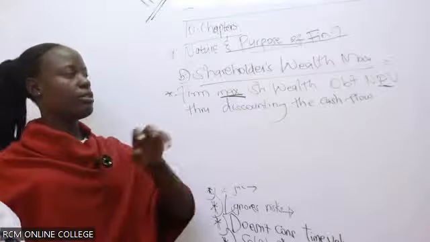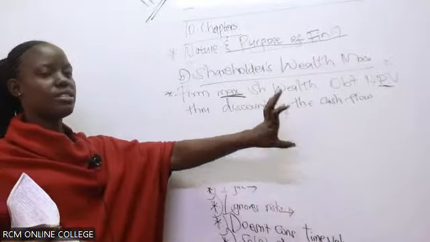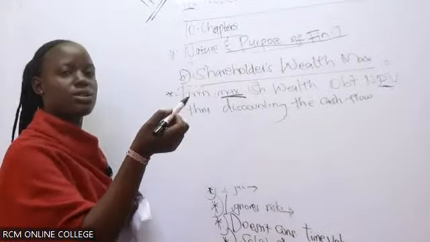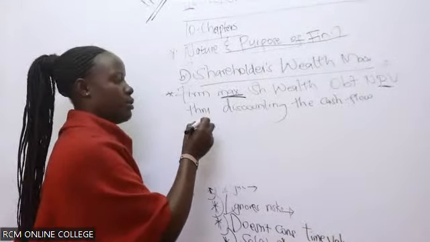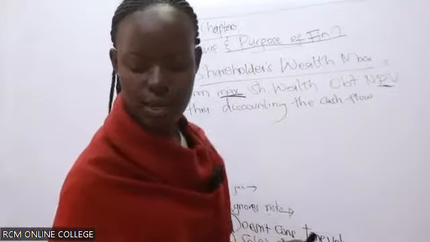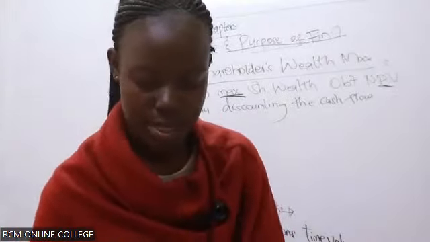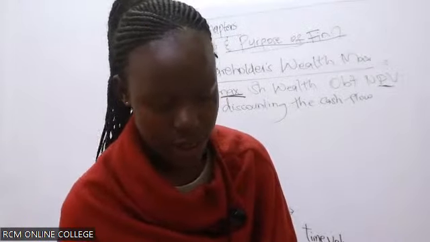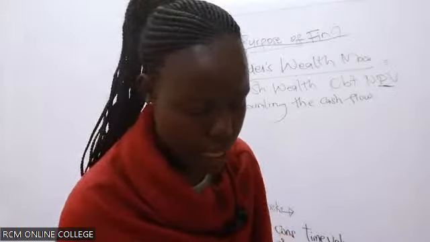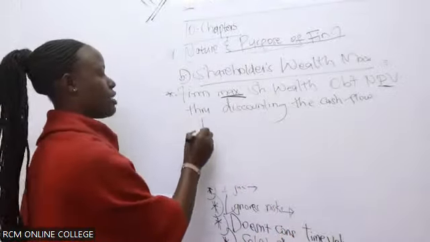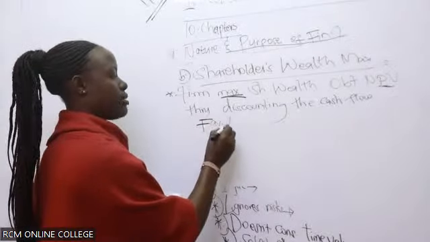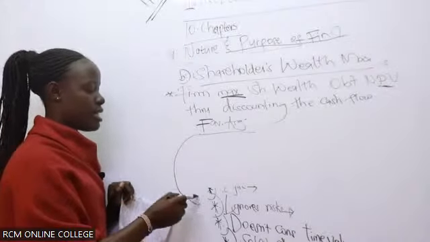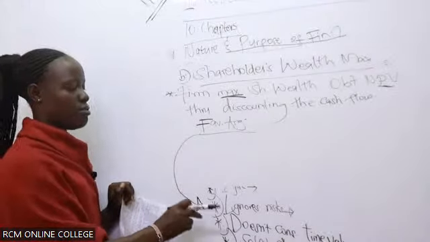When you're told to answer such a question, they simply want you to discuss the limitations, because profit maximization has weaknesses, while shareholders' wealth maximization, on the other side, has favorable arguments. And the favorable arguments are the strengths that are the weaknesses of profit maximization.